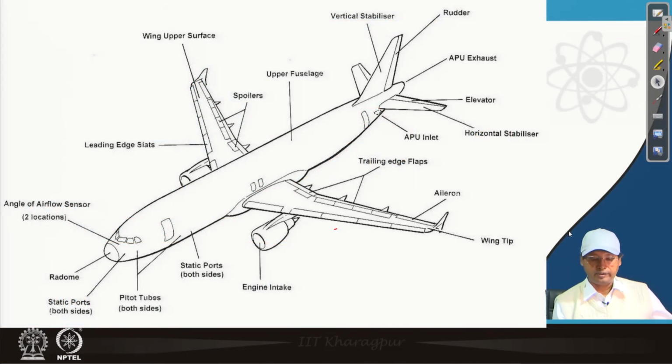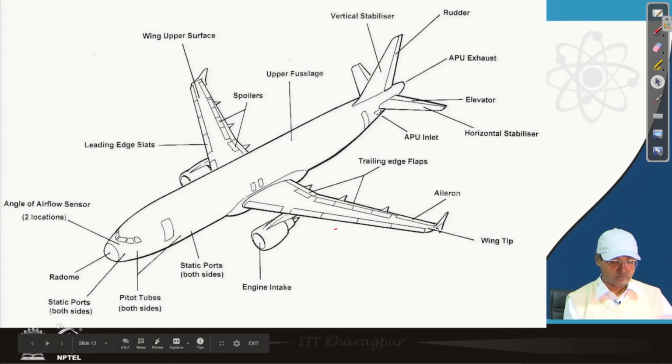Okay. These slides give us some introduction to the nomenclature of the portions. So, quickly we will go through this. This is the radome, static port on both sides, pitot tube on both sides. Here also static ports are there.